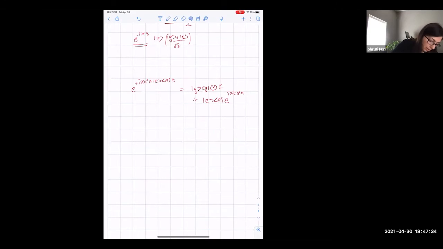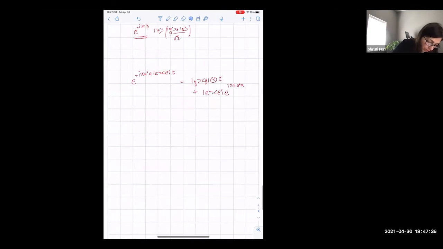Okay, let me be a little bit careful, there's a tensor product here. Okay, so now what you do is you started with this state, right? This was the state of the cavity. So you applied this unitary.